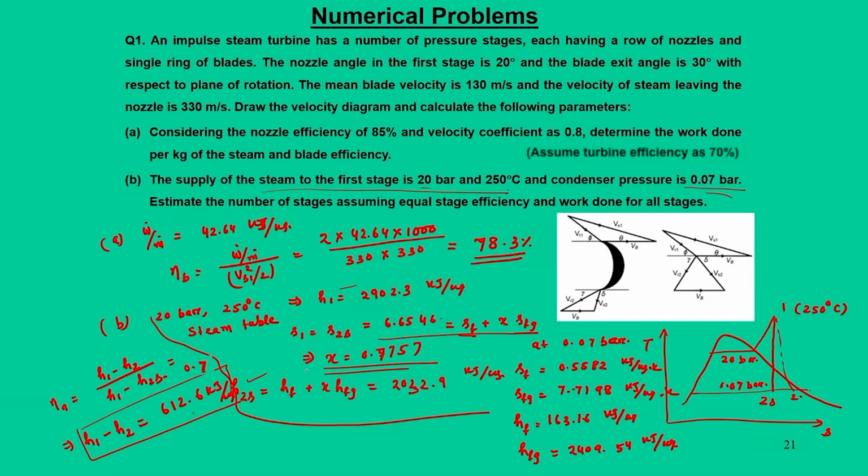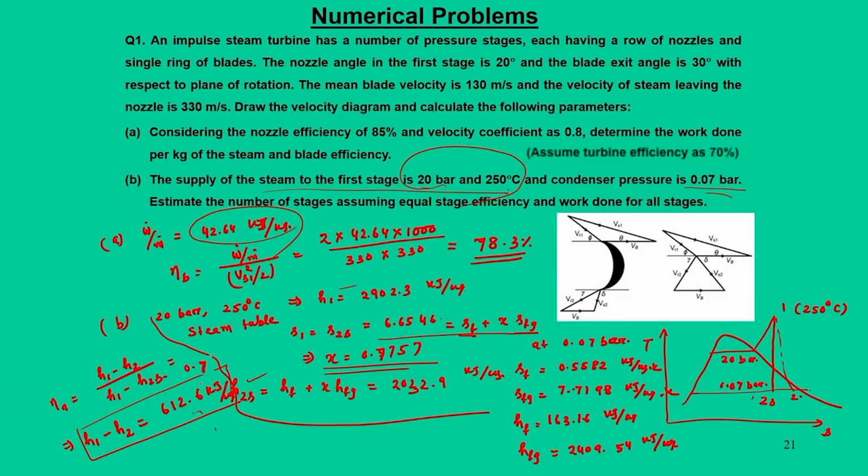So, basically the steam which is available at 20 bar and 250 degree centigrade has to drop this much enthalpy to arrive at the condenser pressure. But our work done per kg of the steam is about 42.64 kilojoule per kg, which means that per stage we are able to recover only 42.64 kilojoule per kg.